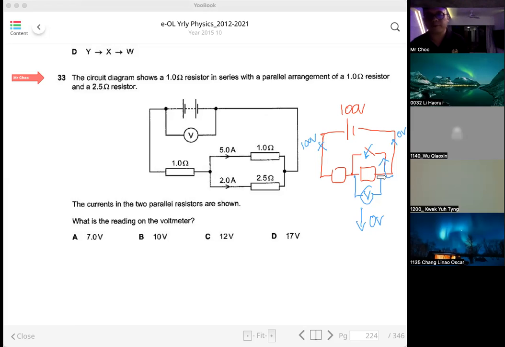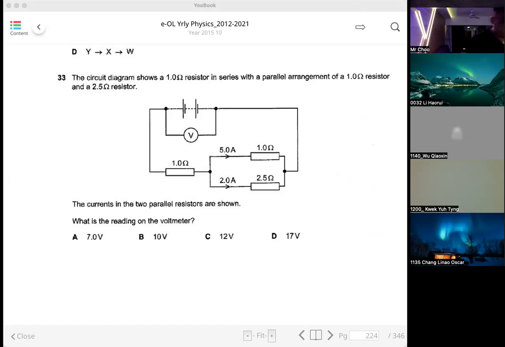Or you're still confused? Okay, you think you understand what I mean? Give me some response. You clear so far? Okay, good. So now everybody, question 33.